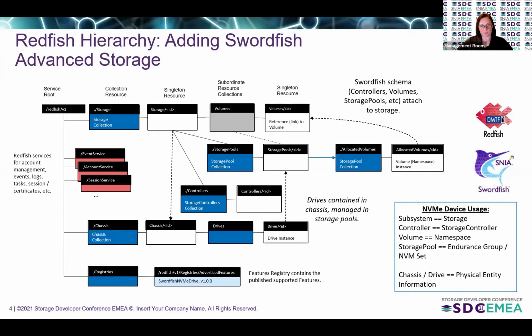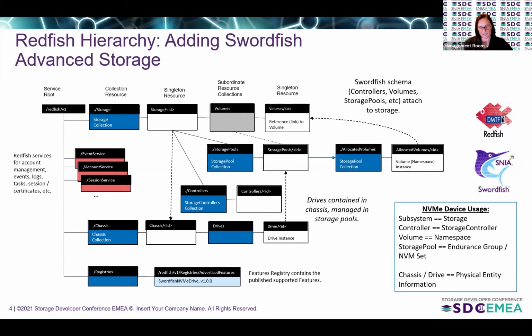The other piece we talked about a little bit is adding support for NVMe and NVMe-oF. As we went to look through adding capabilities for NVMe devices, one of the things we found was very similar concepts emerging from the NVM Express world.